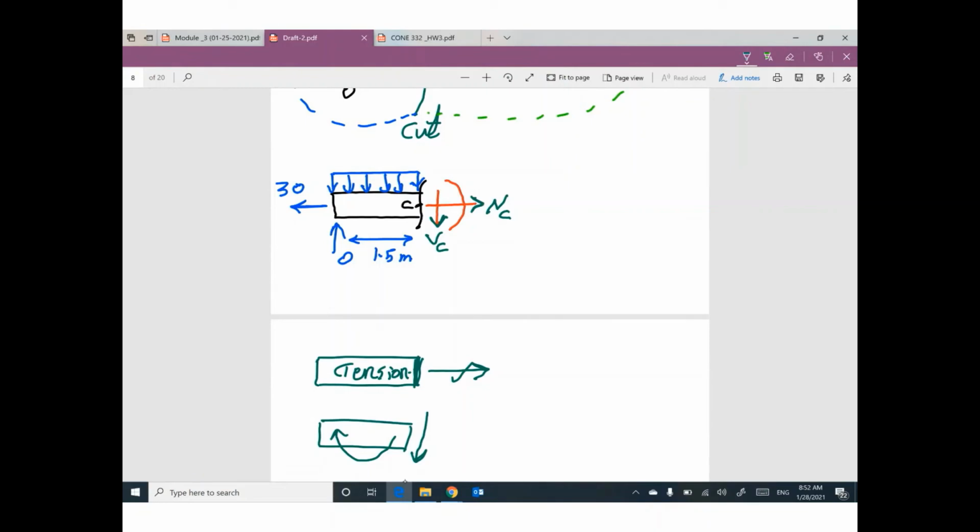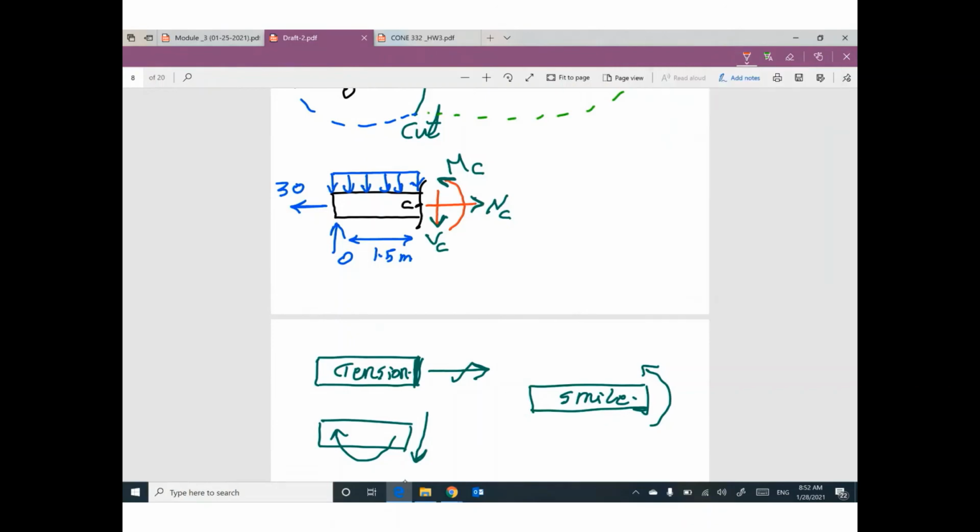I'm gonna assume this moment to make this member smile like this, because this is a beam, so this direction will make this beam smile. So I assumed the internal forces in the positive directions.